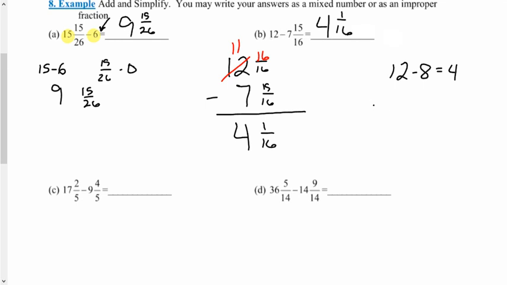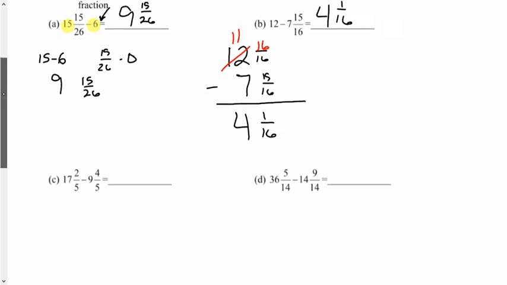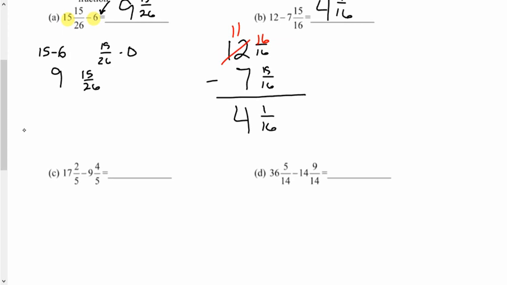You could also think of it like this. Taking 12 minus 7 is 5. And now I've got to take 5 minus 15/16. So you could think of it like that as well. You know, we're going to be taking some away from 5, so of course that's going to go down to 4. All right, now that's using mixed numbers and leaving them and borrowing.